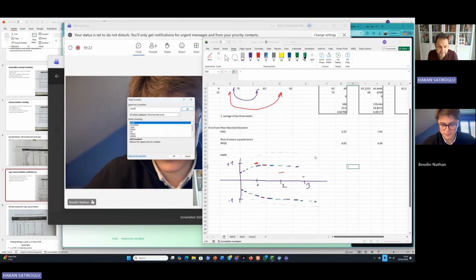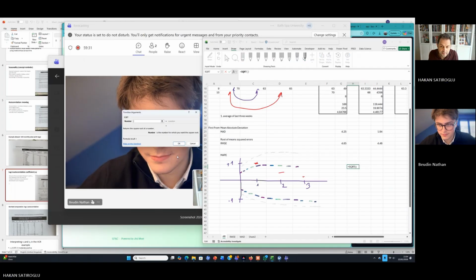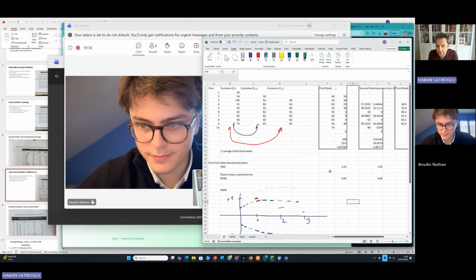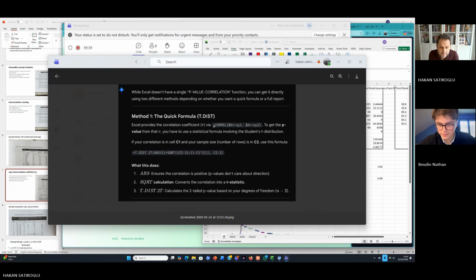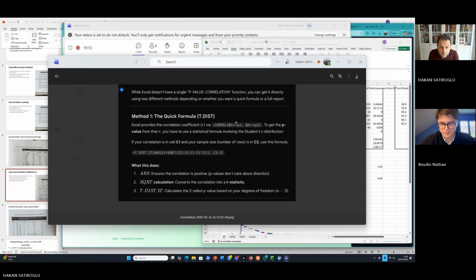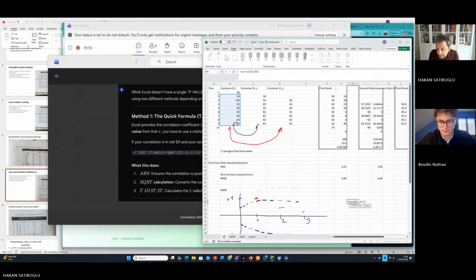I understand, I think, but it means CORREL and this is square root. This one versus this one. 0.44.